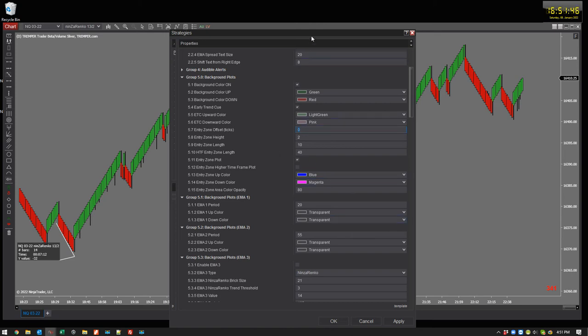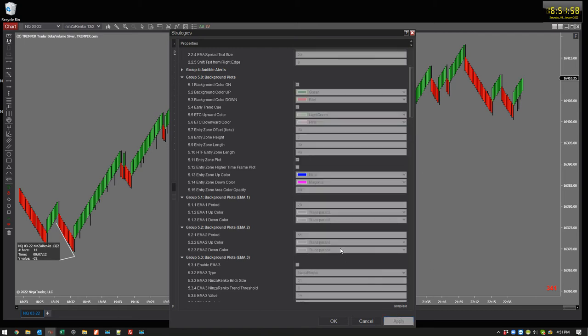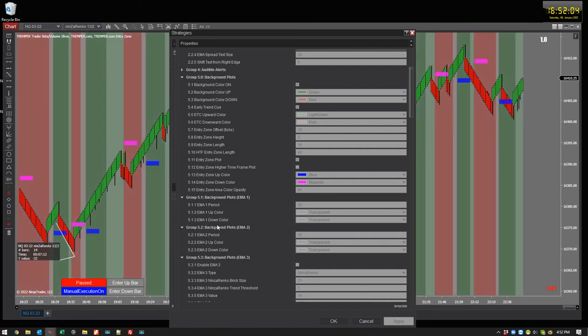So 7. Let's say in this case we want an offset. For some reason I was at 6, but let's do an offset of 10. I'm trying to think, which way is that going to go? Is it negative 10 or 10? I can't remember. I think it should be negative 10. Yeah, you can see it gets too far away.